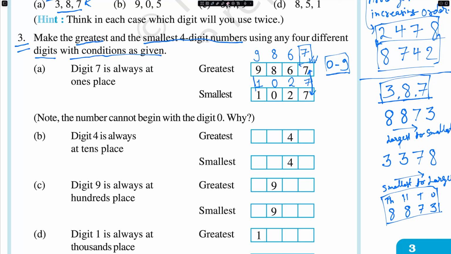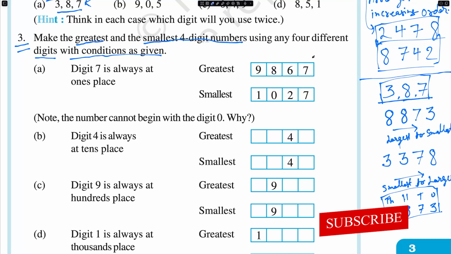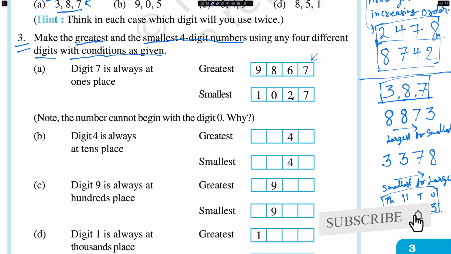So in this way, students, we were able to get the answer as 9867 as the largest number when we have fixed digit 7 here, and 1027 as the smallest 4-digit number when we have 7 as fixed.